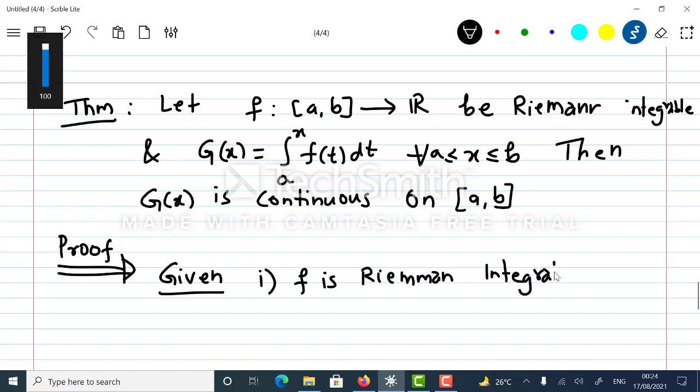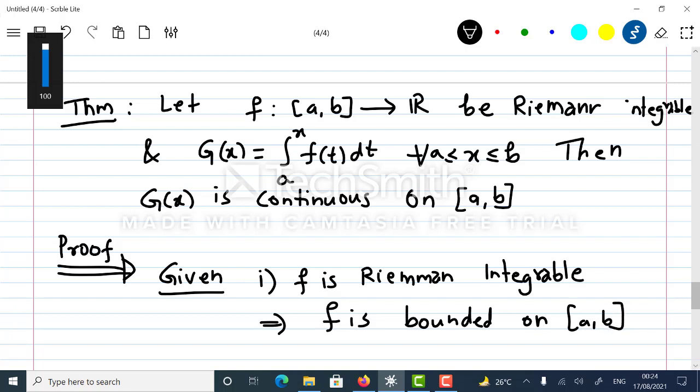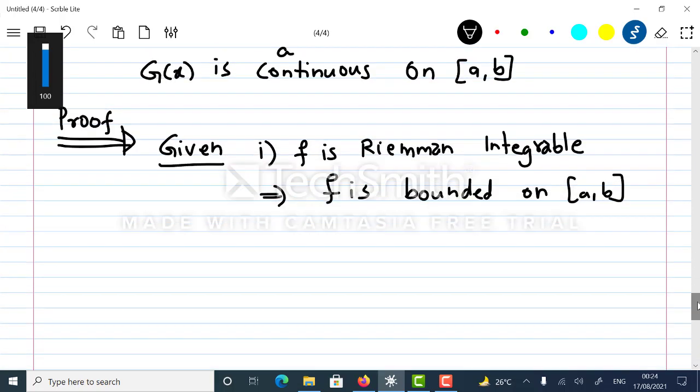So if it is Riemann integrable, then definitely it is going to be bounded. So this would imply f is bounded on closed interval a comma b. And if it is bounded, then we can always find a bound.